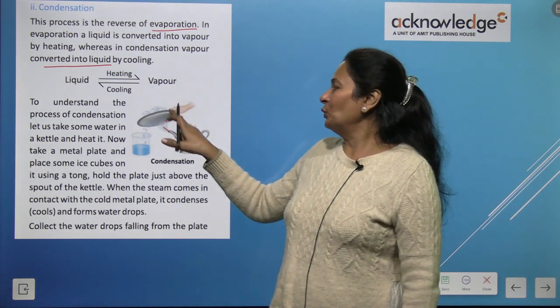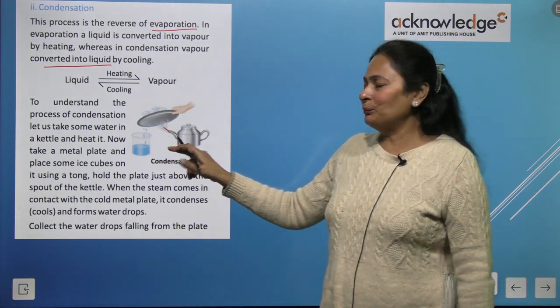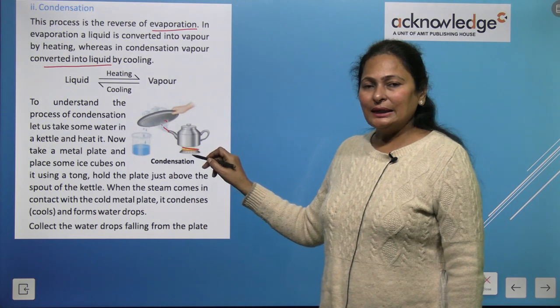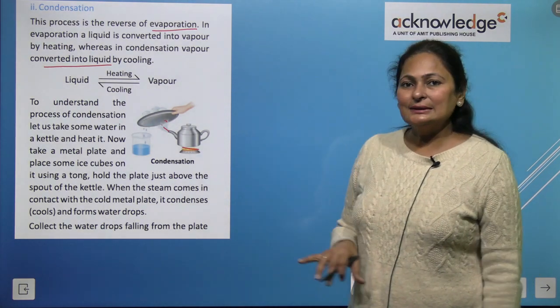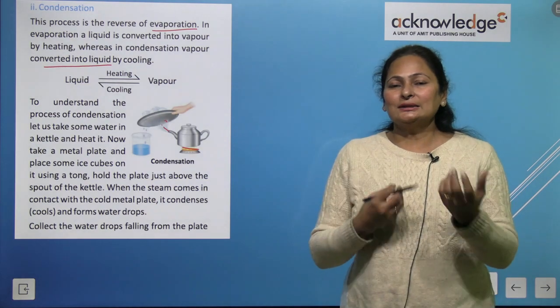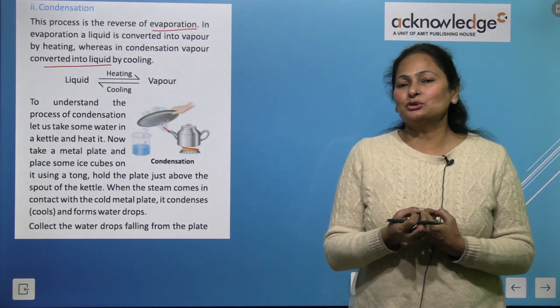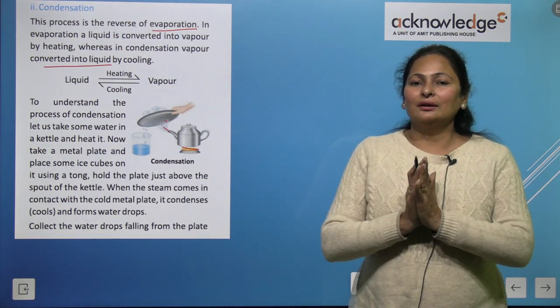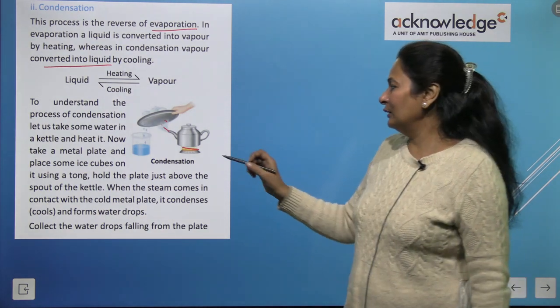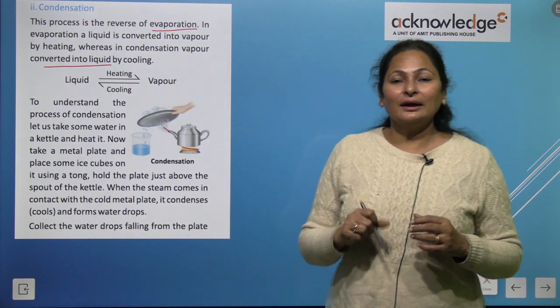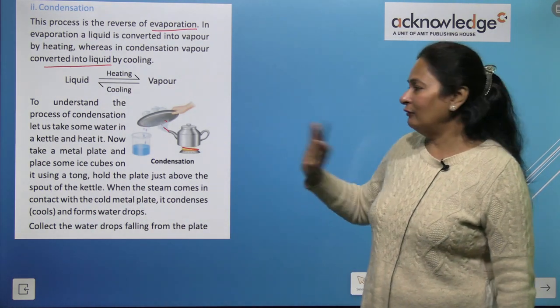This is the process of evaporation. The kettle is kept on the burner, the water is boiling, and as soon as it boils, vapors are made and come out of the spout of the kettle. This is evaporation.